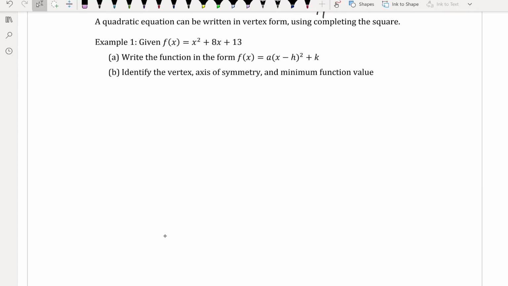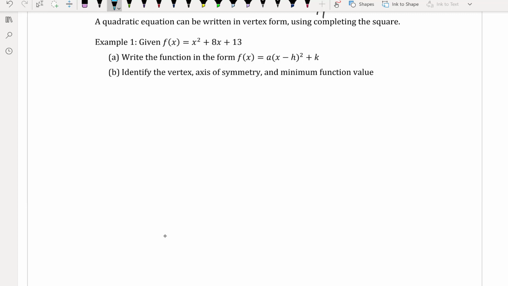Now it says a quadratic equation can be written in vertex form using completing the square. So now we're going to do this by completing the square. For part A, it says write the function in the form f of x is equal to a times x minus h squared plus k.